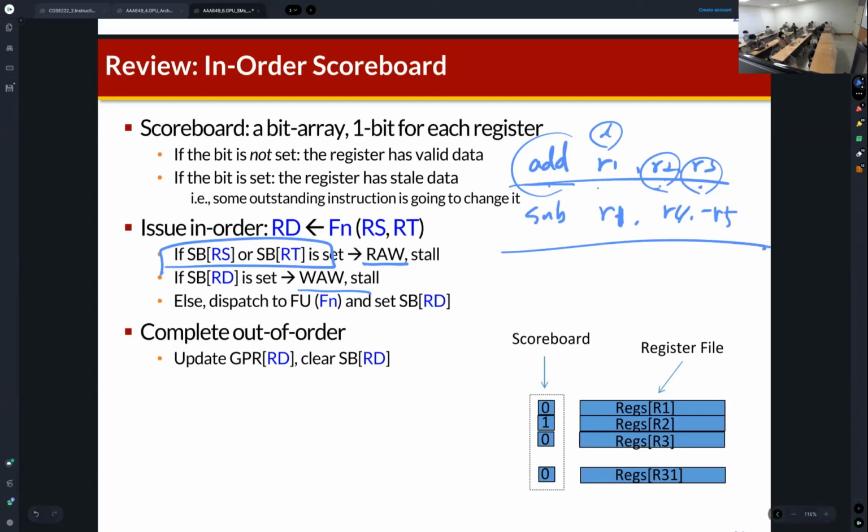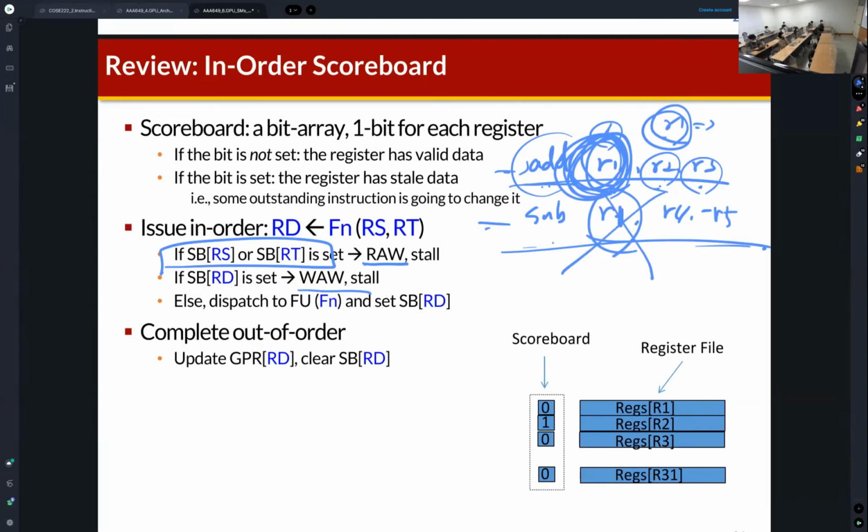So in this example, the destination register of the add and sub are the same. If this add instruction is being executed, then R1 does not have a proper result yet. So the scoreboard simply checks the status of the destination register, and if it is not fixed, meaning it is still being executed, then the scoreboard thinks that the next instruction cannot be executed.